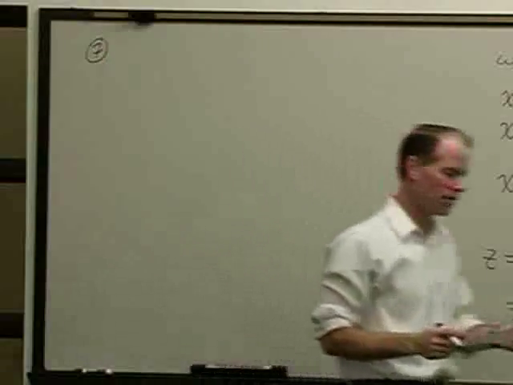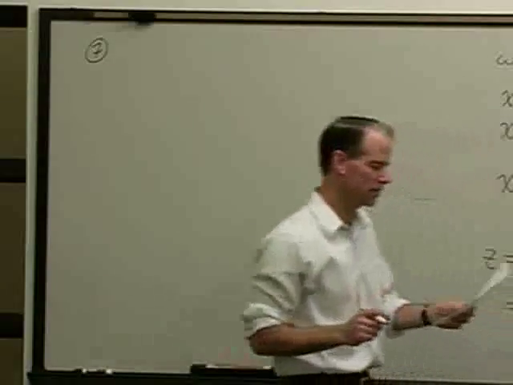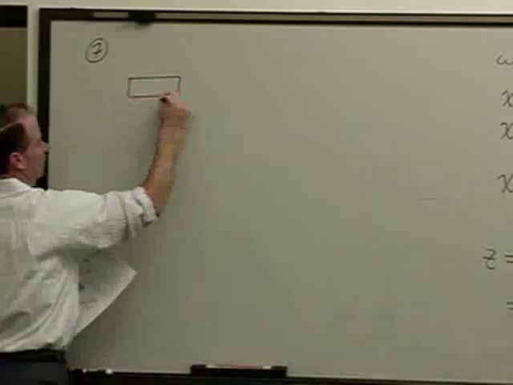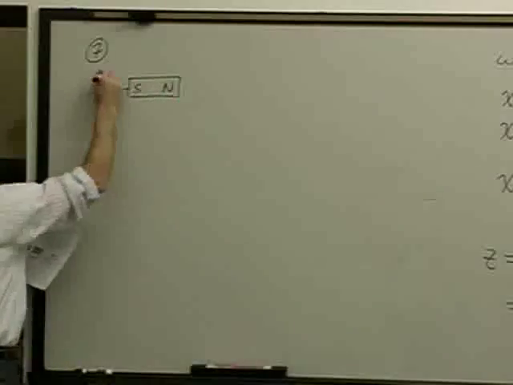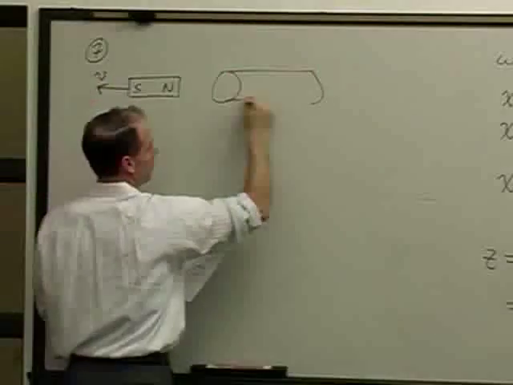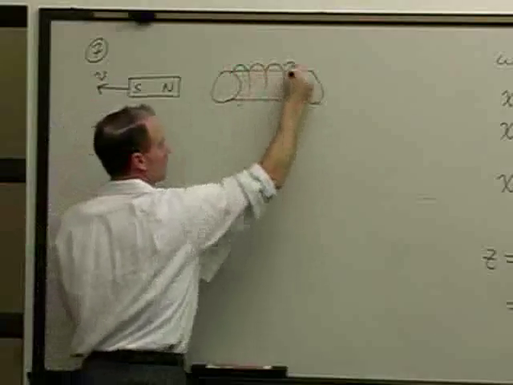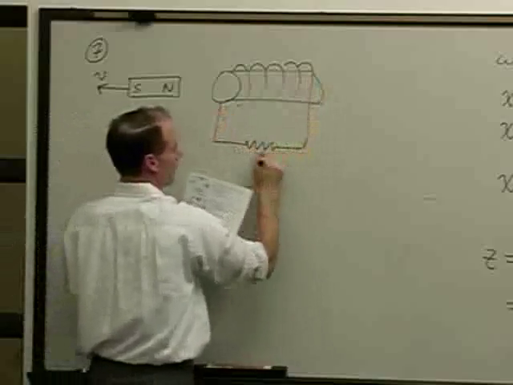Use Lenz's law to answer the following questions concerning the direction of induced currents. What is the direction of the induced current in resistor R in the figure below when the bar magnet is moved to the left? We have a bar magnet moving this way, and a coil over here, a solenoid, and the windings come down through a resistor over here.